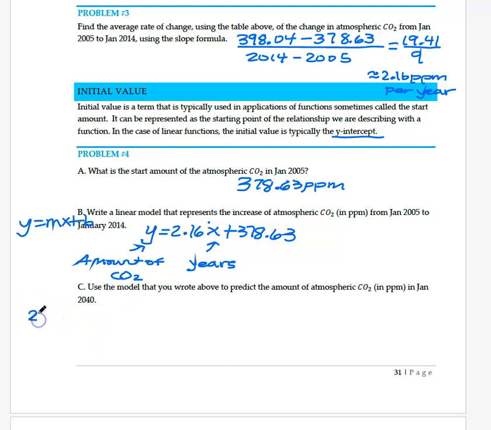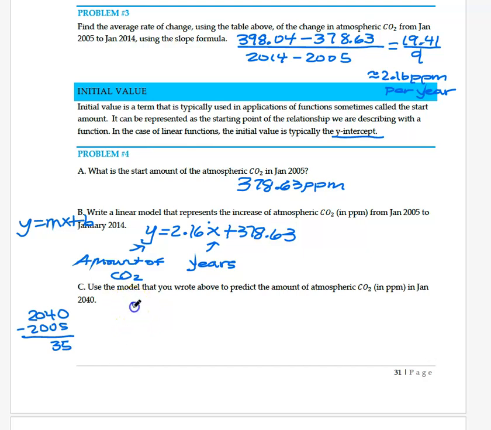If we do 2040 minus 2005, the starting year, that means this is going to be in 35 years. 35 years later, how much CO2 will there be?